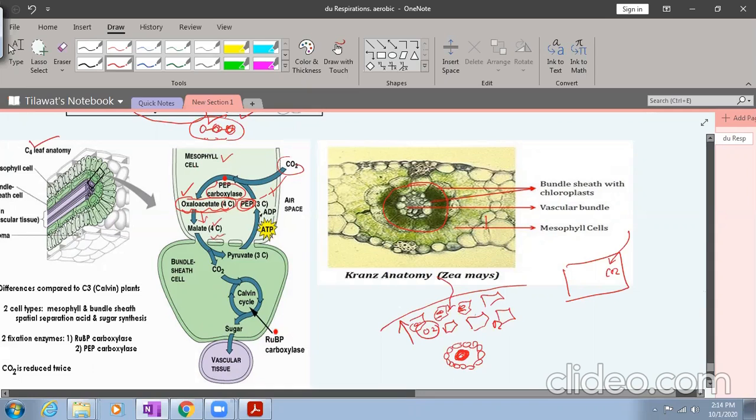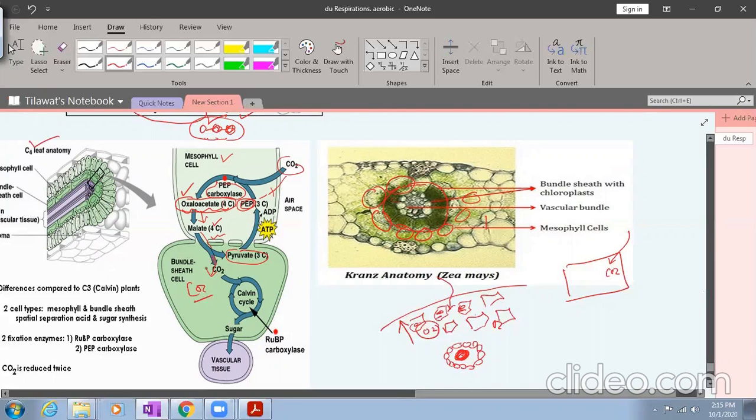Malate is a 4-carbon molecule again. That malate will enter to where? To the bundle sheath cells. When malate enters these cells, it will convert into pyruvate, and when it is converting into pyruvate, it will release carbon dioxide.